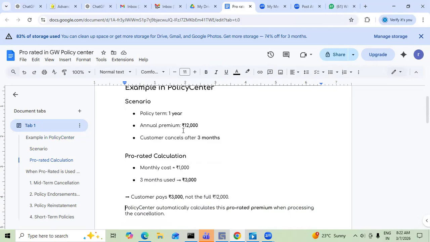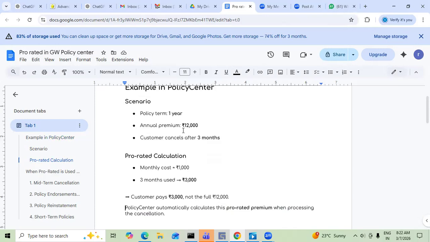If the customer has to pay anything, the customer pays the balance amount so that the policy can be cancelled. Or else, if the customer has paid only 3,000 rupees, including taxes or anything of that kind, the system will automatically calculate the leftover premium amount to be repaid to the customer.